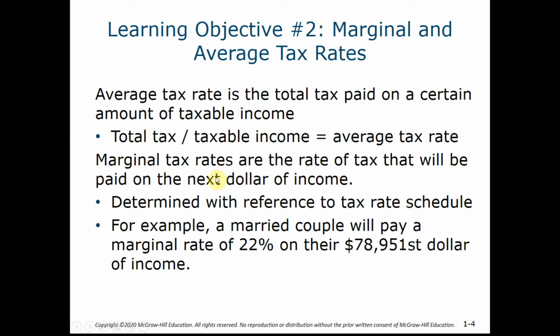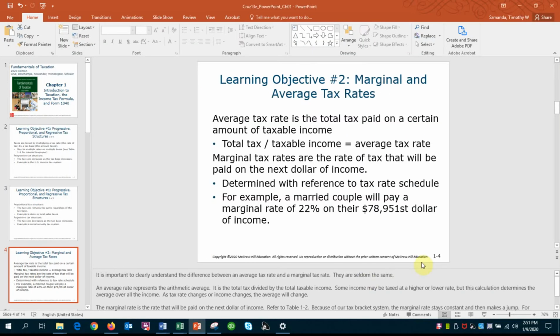This is a different interpretation of tax rates, and I'll go through an example of marginal tax rates. But this is determined with regard to the tax rate schedule. And, for example, a married couple will pay a marginal tax rate of 22% on their $78,951 of income.